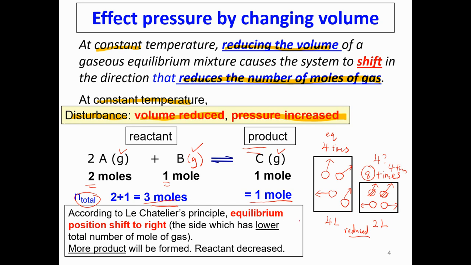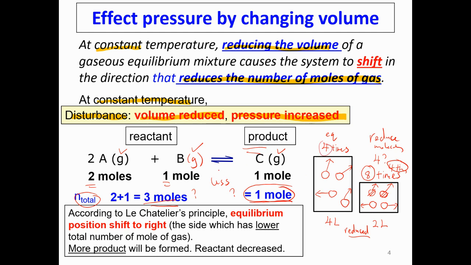Our duty now is to reduce the molecules so that we can go back to equilibrium. Which side has fewer molecules? Of course, it is the 1 mole. 1 mole has fewer molecules, meaning that it will hit the wall less. So pressure will go back to equilibrium.